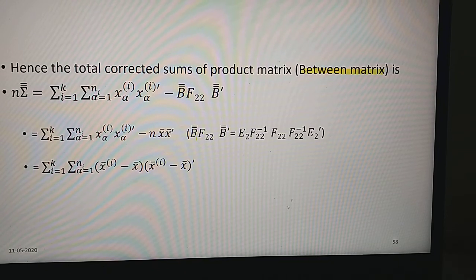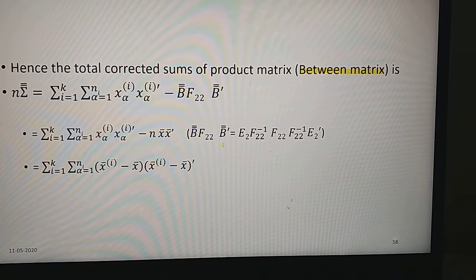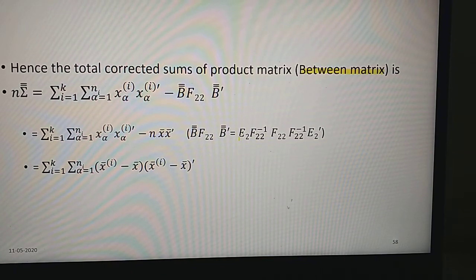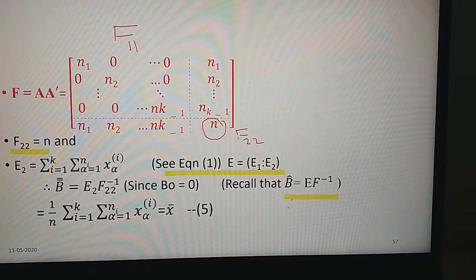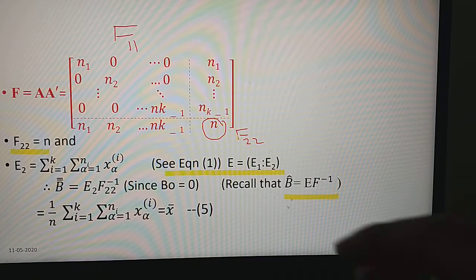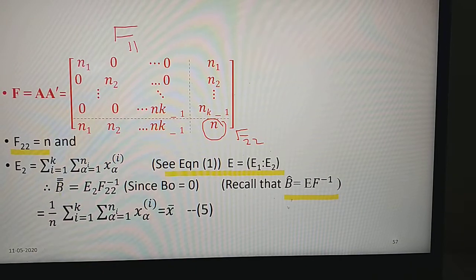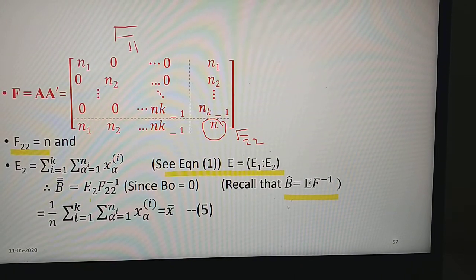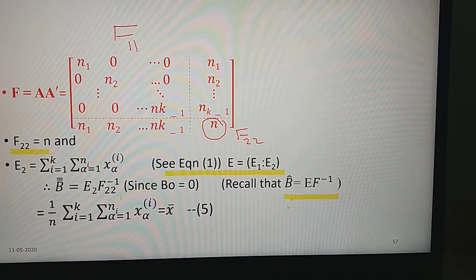From equation number 5, B double cap is equal to E2 F22 inverse.